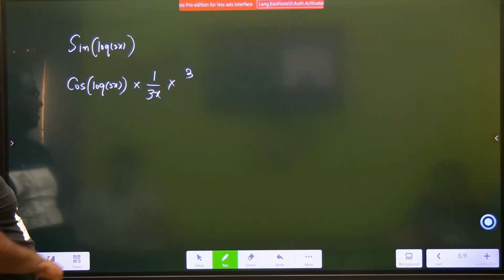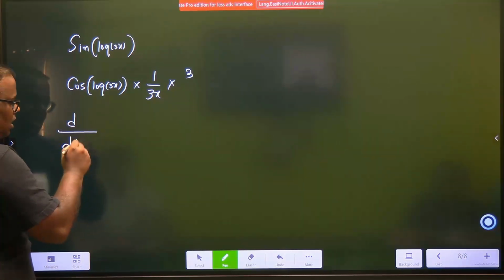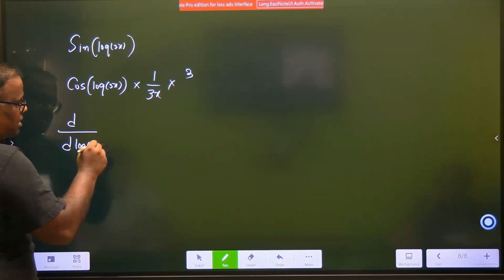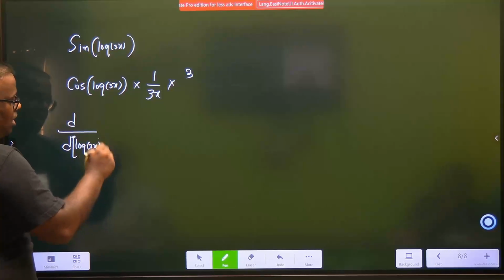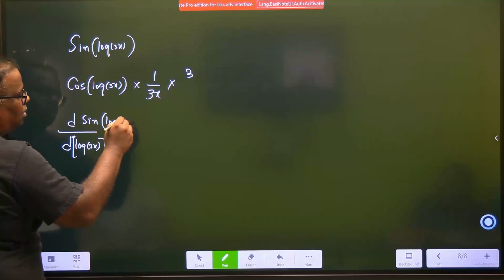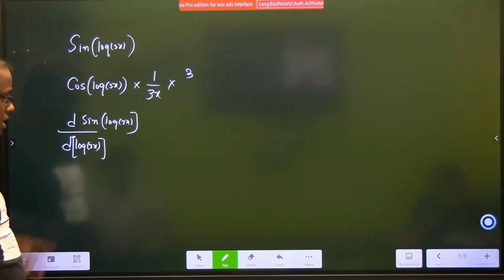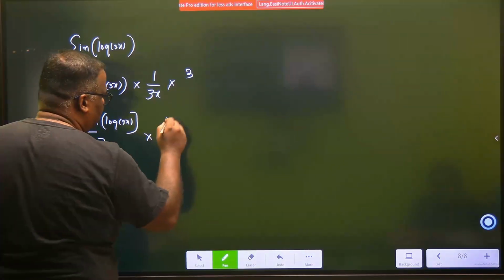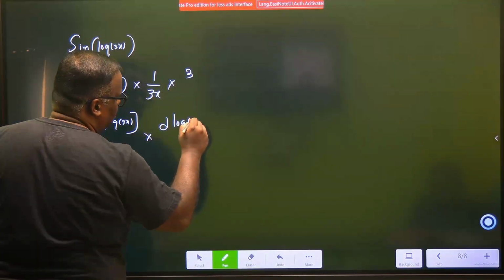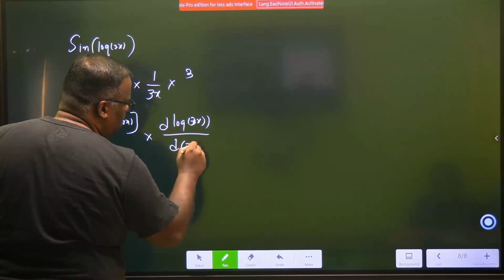Now there's 3 chains. Look. Now what did we actually do? We tried to differentiate sine log 3x. Dog with dog. Then this function goes on top. For this function, what is the dog? 3x is the dog.